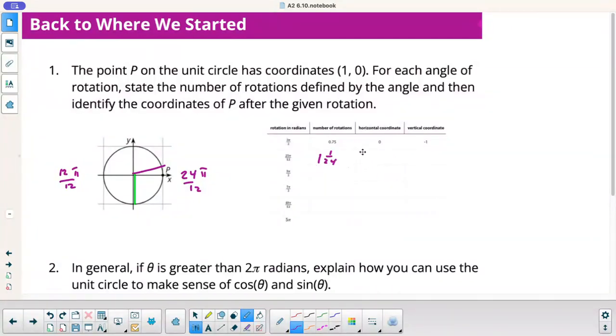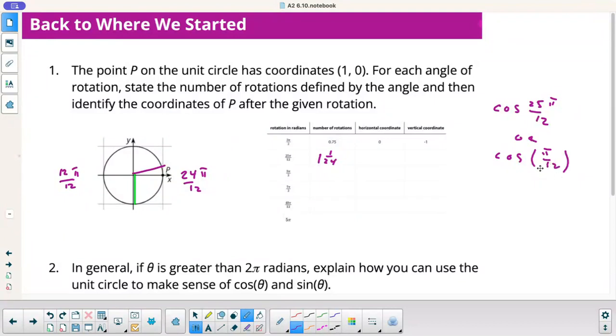So the horizontal coordinate is going to be the cosine of 25 pi over 12. Or you could really, I don't really have enough room on here. Let's do this. I'll come over here. So this is going to be the cosine of 25 pi over 12, or you could say the cosine of 1 pi over 12.